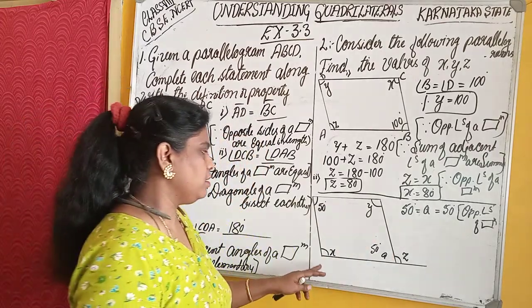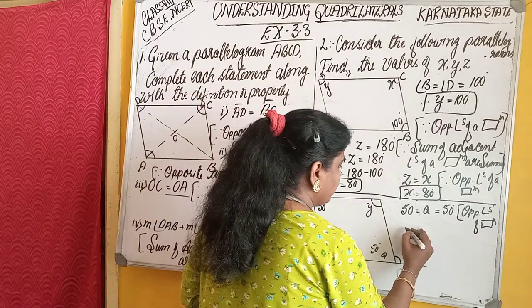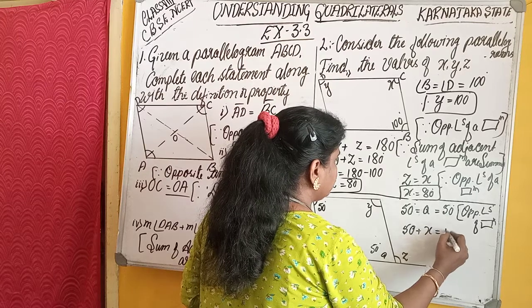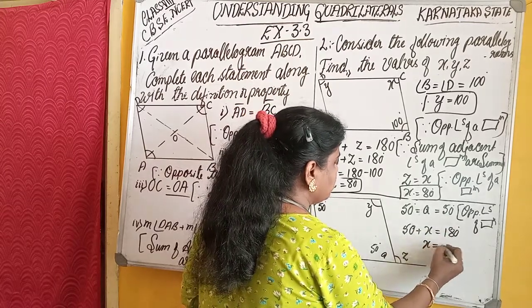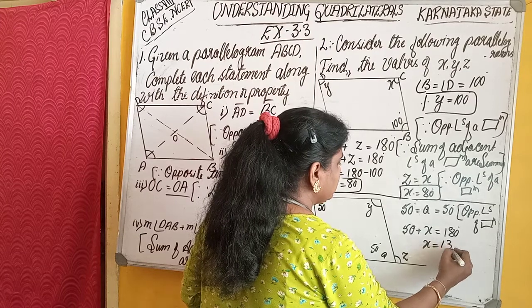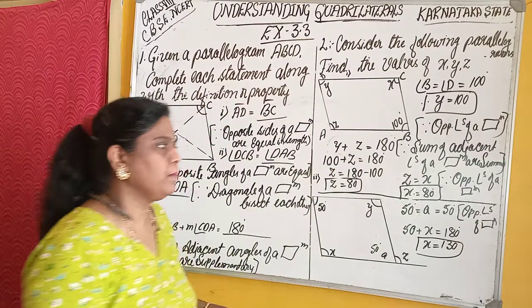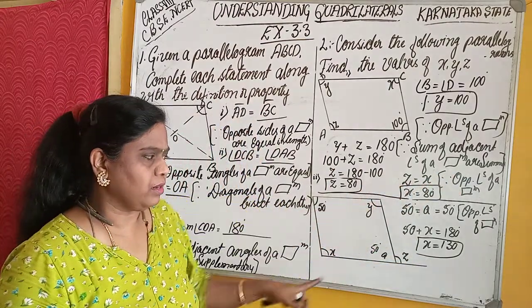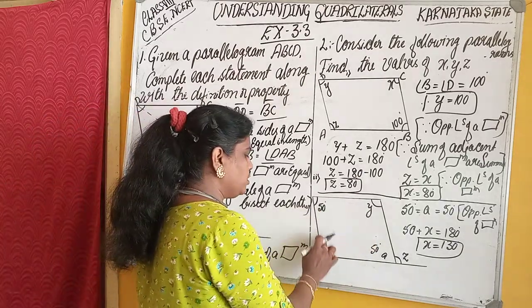And we can say that 50 degrees plus x is equal to 180 degrees. 50 plus x is equal to 180. Therefore x is equal to 180 minus 50, that is 130 degrees. The reason for this is the sum of adjacent angles of a parallelogram are supplementary, because these two are adjacent angles.